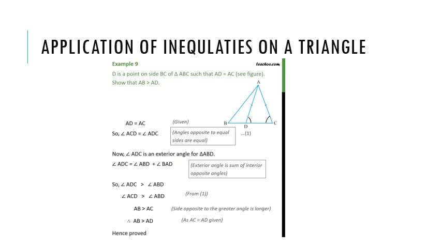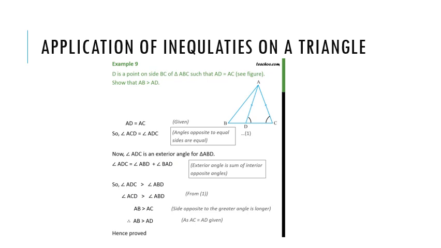Similarly, ACD is greater than angle ABD from equation number 1, which I have marked above. Now following the equation, you will see that AB is greater than AC because the side opposite to the larger angle is longer.